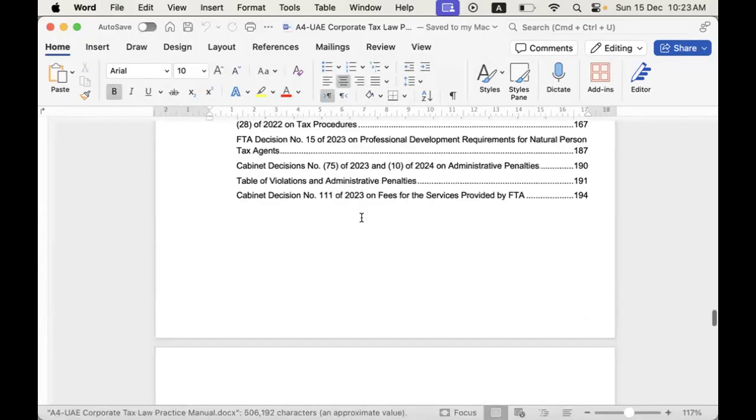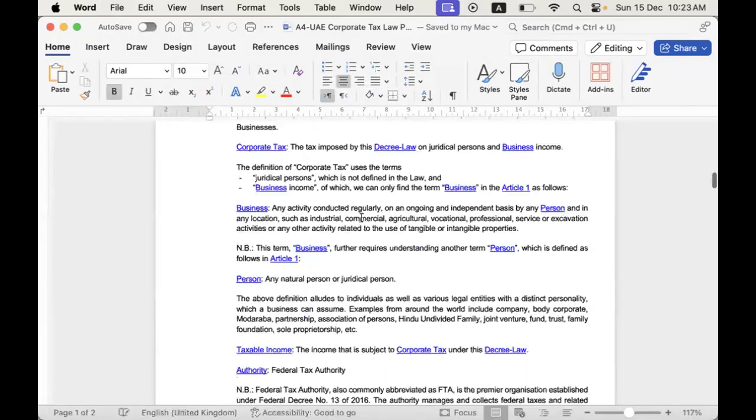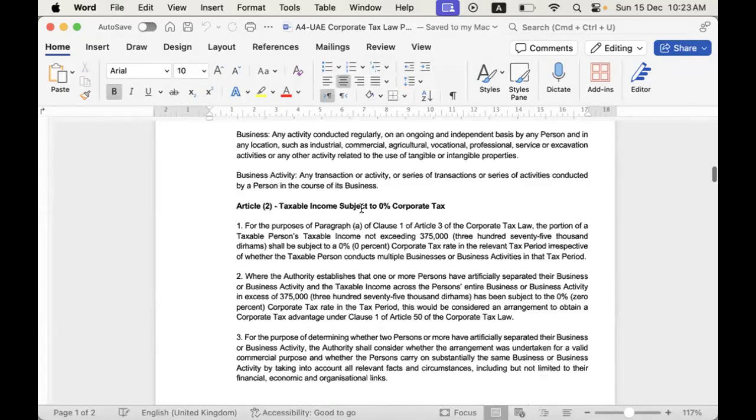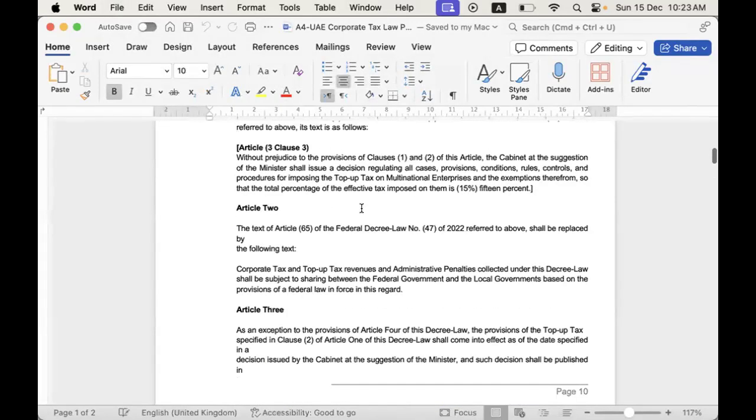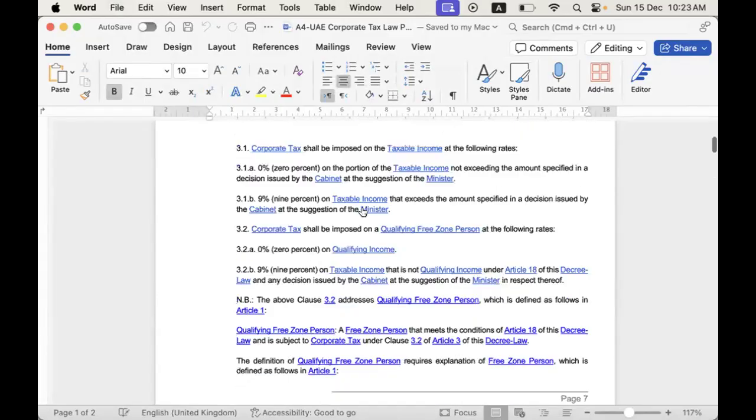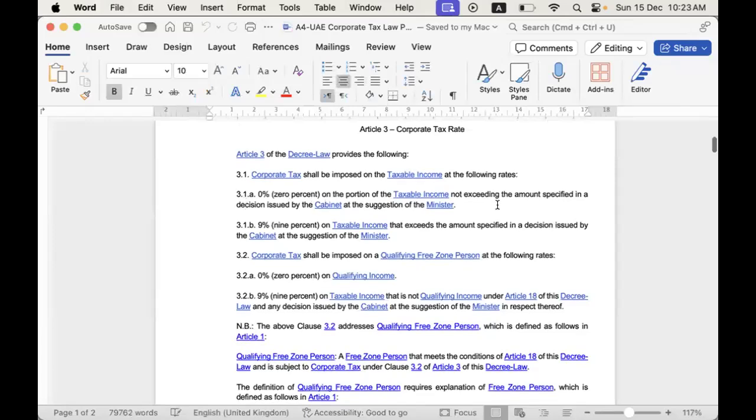So if we look at Article 3, this is Article 3. Article 3, Clause 1B identifies the 9% tax rate. 3 1A is 0% up until the threshold of 375,000 dirhams, and above that, the 9% tax rate applies. So this is Clause 1 of Article 3, and A and B are the paragraphs. Clause 2 is for the qualifying regime.